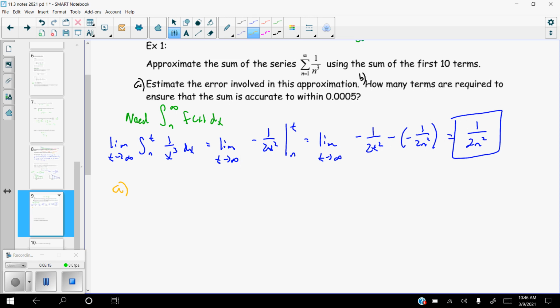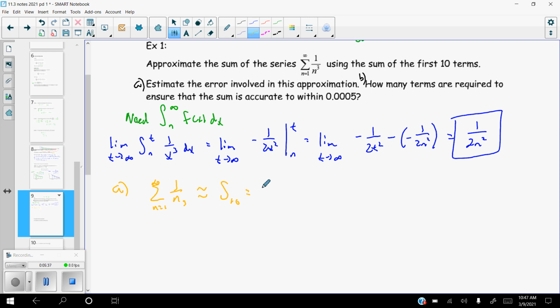So what I need is the sum, as n goes from 1 to infinity, of 1 over n cubed, which we want to be approximately equal to the partial sum of the first 10 terms. So you're going to take that sum from 1 to 10, because that'll be the first 10 terms.